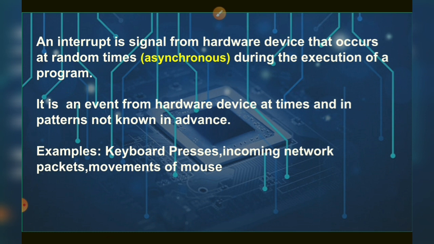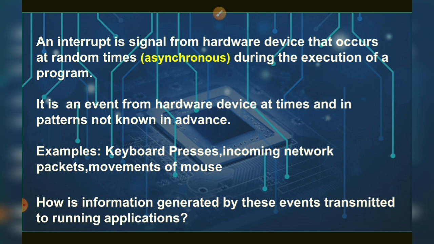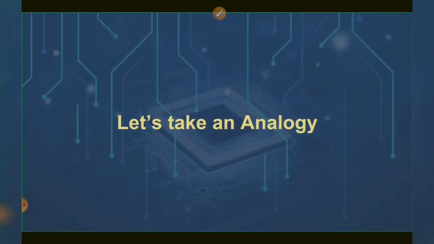Similarly, with incoming network packets in a workstation, we don't know the order and the timing of the messages. Same would be the case with random mouse movements. So, how is the information generated by these events transmitted to running applications?